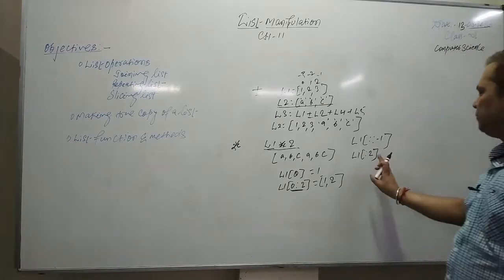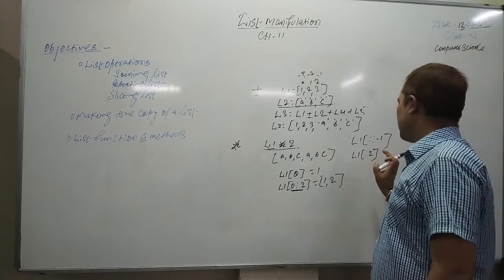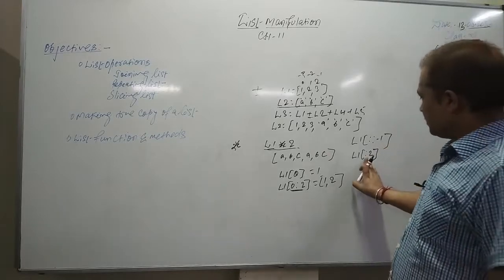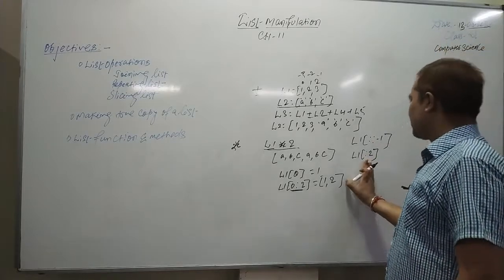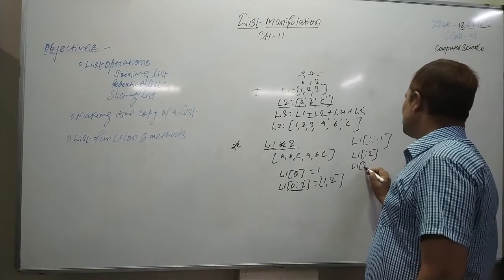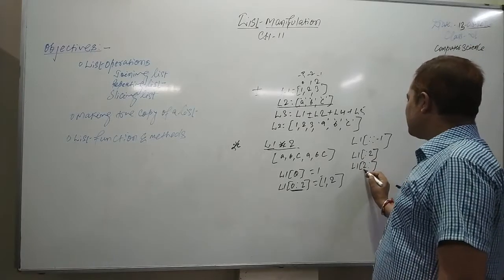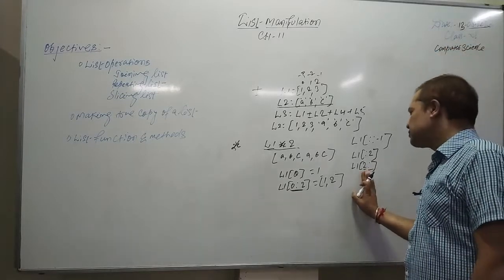It will give you the index 0 and 1 elements, the first two elements. But if you say L1, mind it, and then 2 :, it means starting with 2 and ending with all. It means it will show you all the remaining elements of the list.